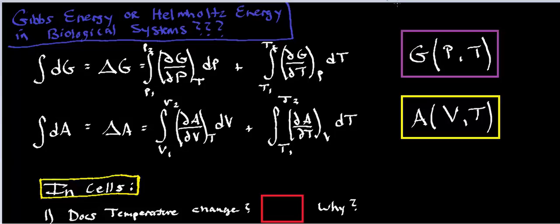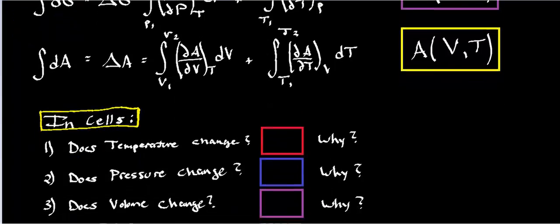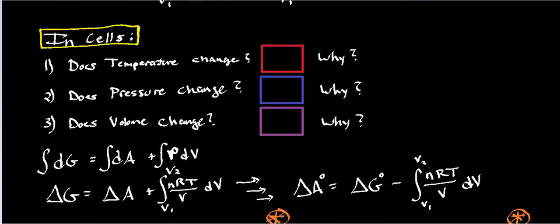All right. Now, how is this applicable to biological systems? Well, when I'm talking about this, I'm talking about a very, very small change in time. I'm not talking about an entire day or something, but very short periods of time, maybe a few seconds. So does temperature change?